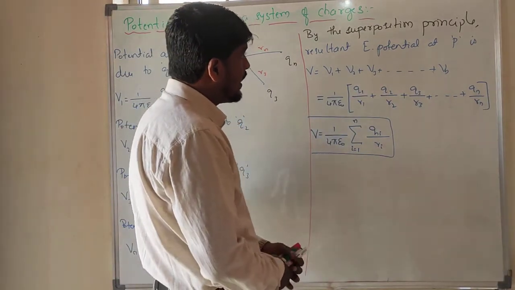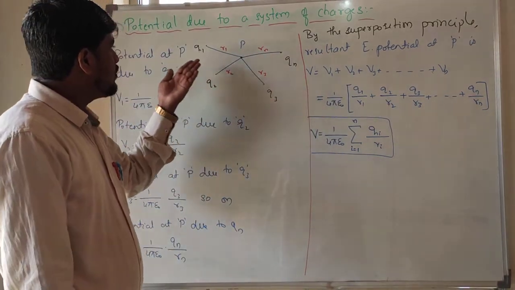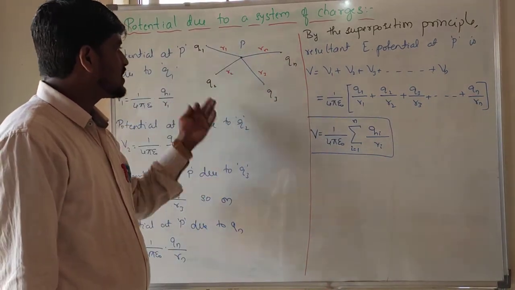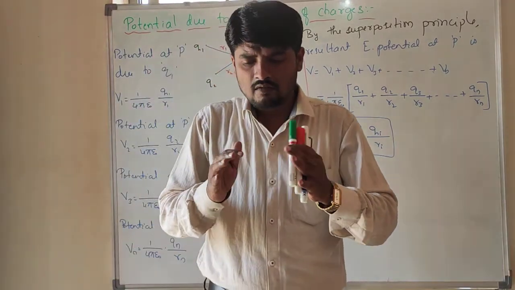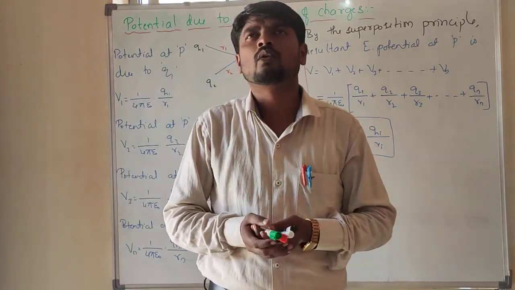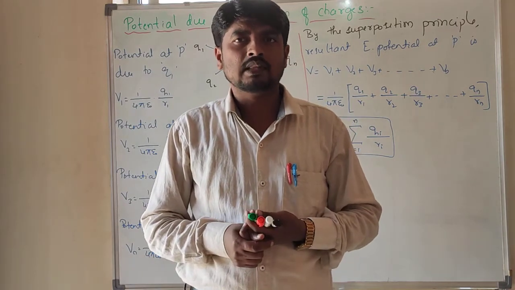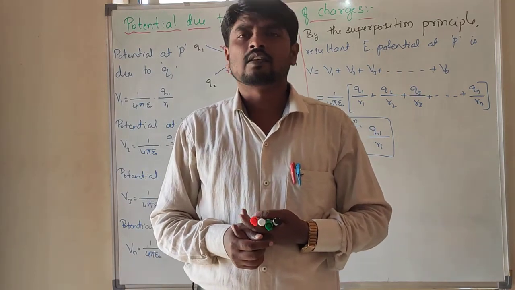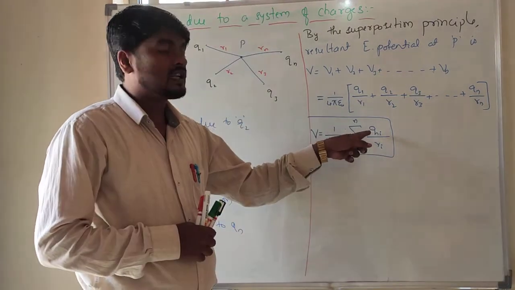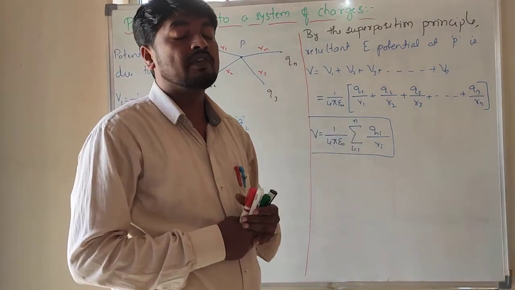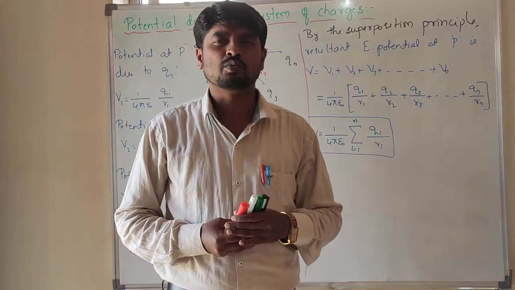Here friends, instead of calculating the potential at point P due to a system of discrete charges, if the charges are distributed over a volume charge density or surface charge density, then we should replace the charge by the relations we studied in continuous charge distribution.